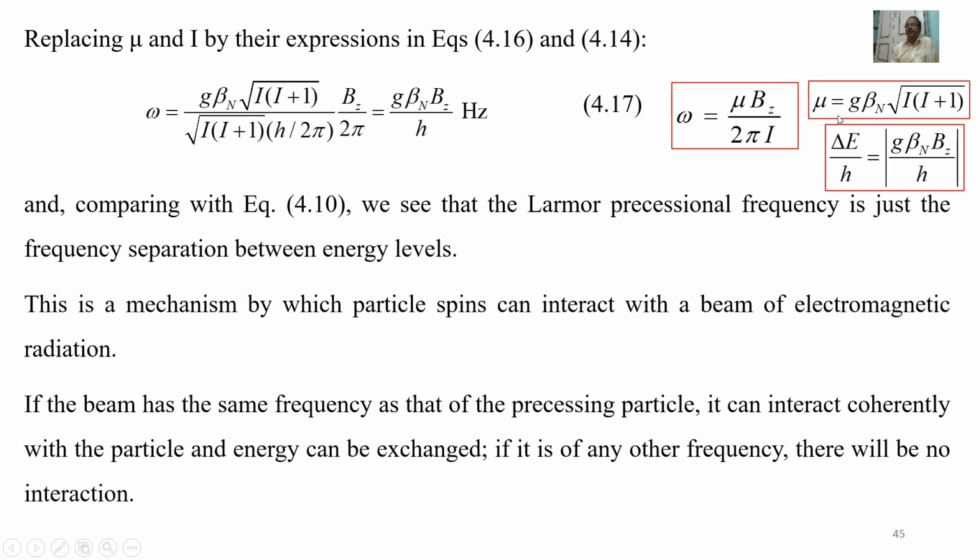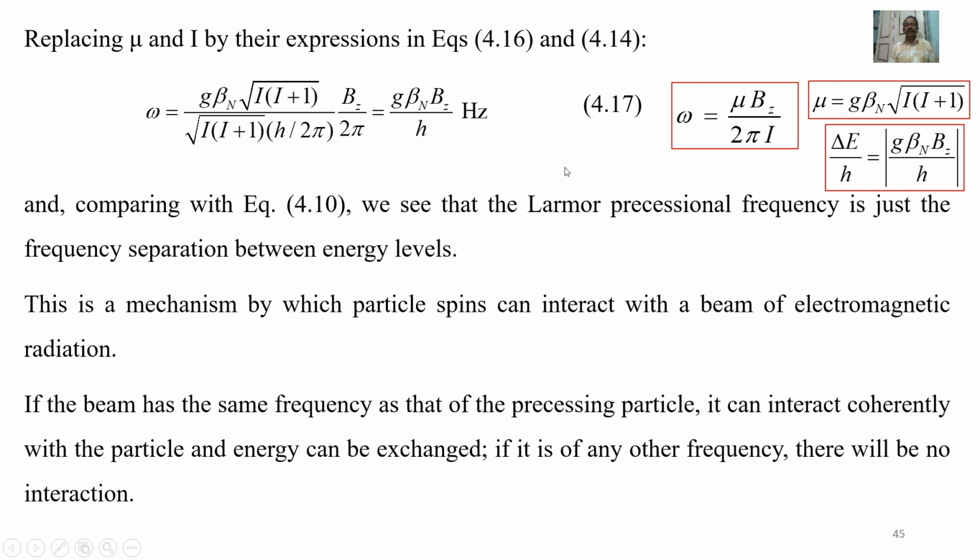So we have omega equals mu Bz by 2 pi I, and we have the expression for mu. You substitute mu here, and we have equation 4.17. When you divide both sides by h and compare with equation 4.10, let us see, they are almost the same.